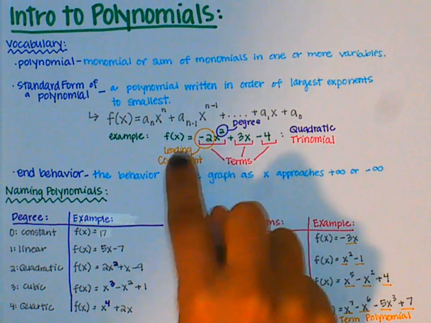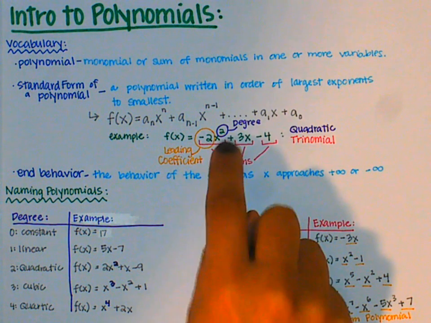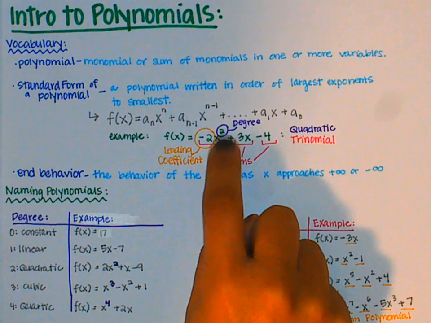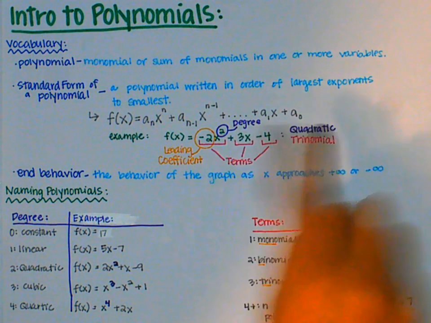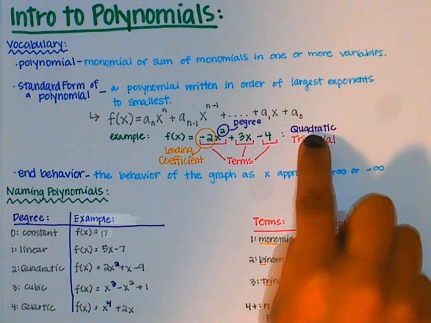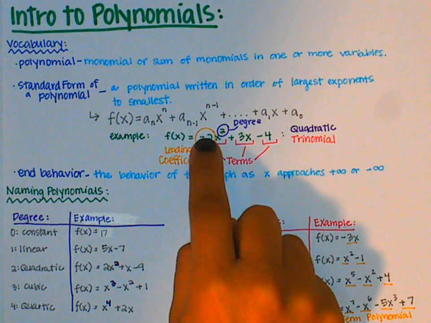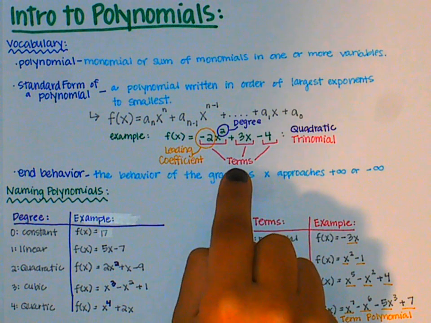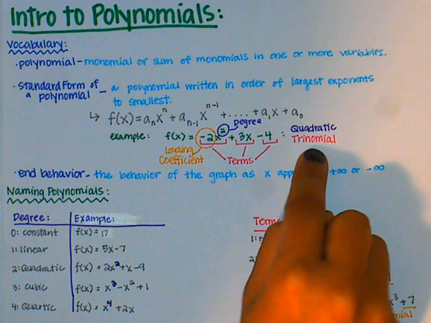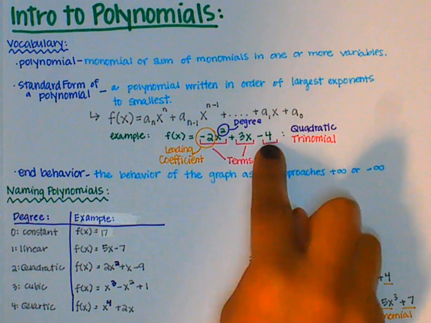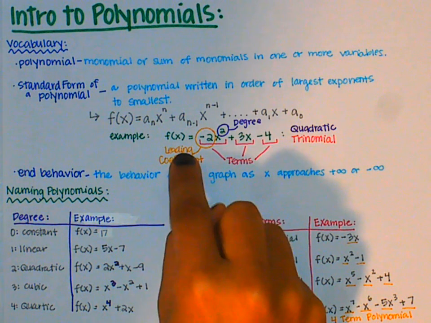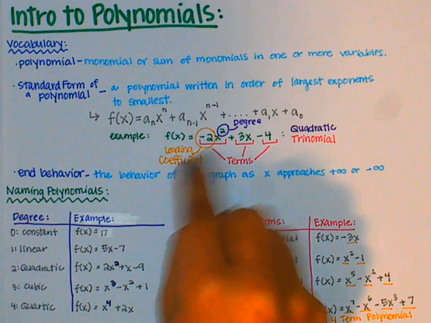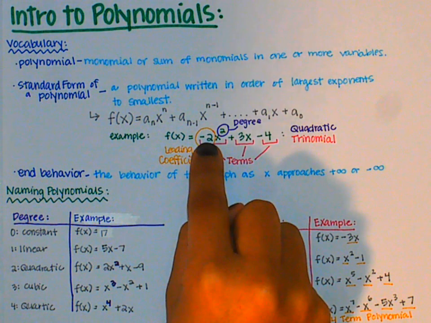Once you write it in standard form, that largest exponent, that very first one, tells us our degree. So since it's a 2, it's a quadratic. We know it's a trinomial because we have 1, 2, 3 terms. And once you have it in that standard form, the number at the very front, our coefficient, is called our leading coefficient. So that would be a leading coefficient of negative 2.